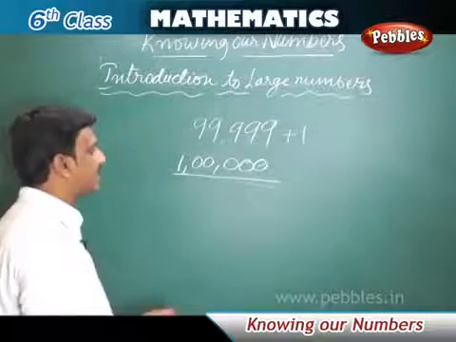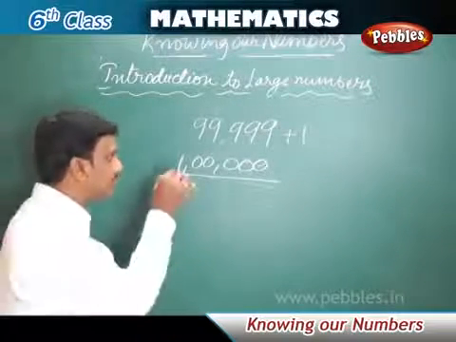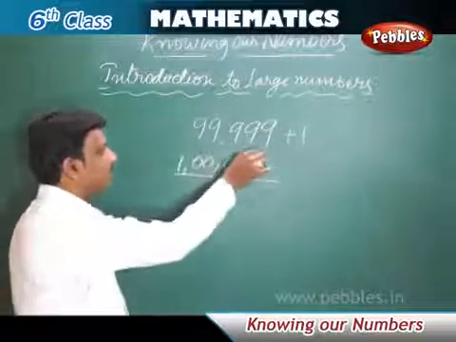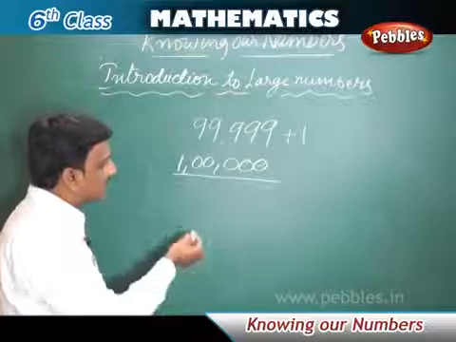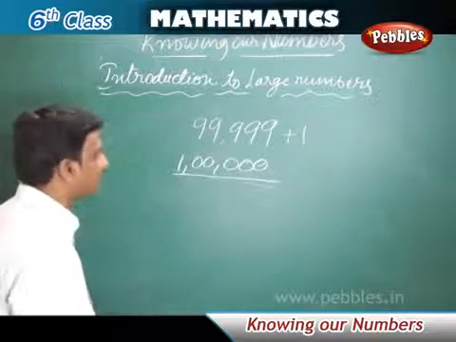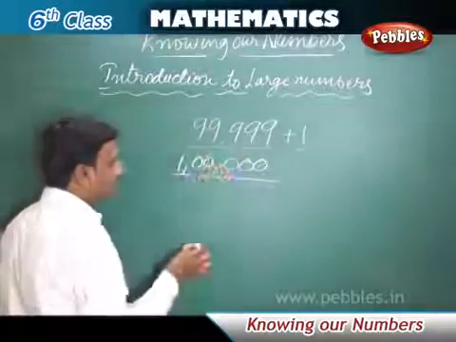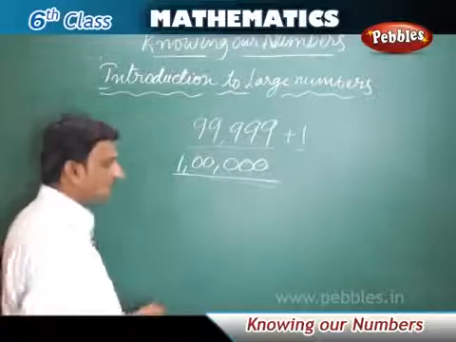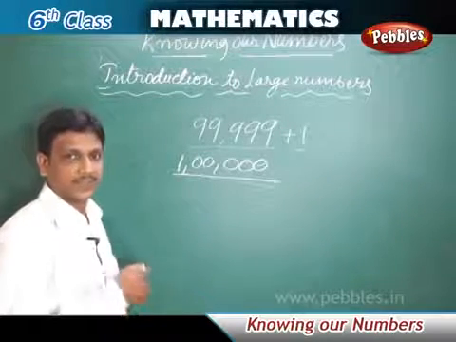So 1 lakh is a 6-digit number. By adding 1 to the biggest 5-digit number, we get a 6-digit number. So this 1 lakh is the smallest 6-digit number. So what is happening here? When we add 1 to the biggest 5-digit number, we get the smallest 6-digit number. So here we got 1 lakh.